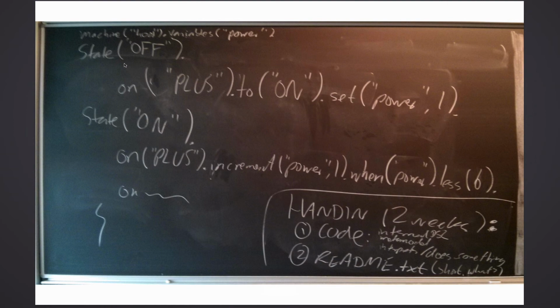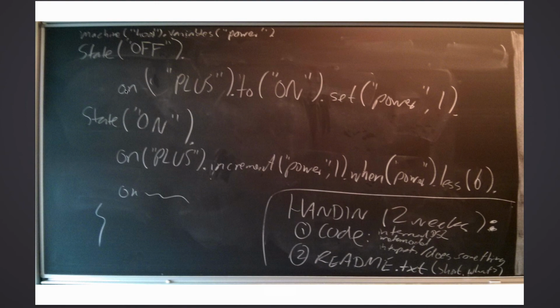So it's very easy to build our internal DSL front end that, from this sequence of operations, state, on, to, set, and so on, this chaining of method calls, builds the same object structure.